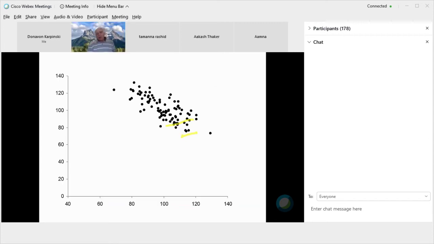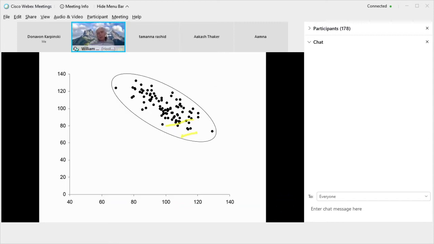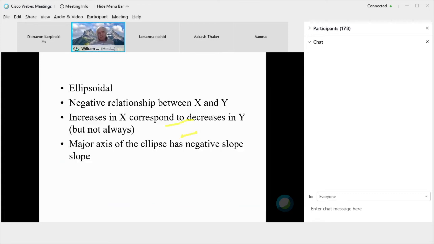Then you can get ones with a negative relationship. The axis is sloping down. So increases in x result in decreases in y. It's a negative relationship between x and y.